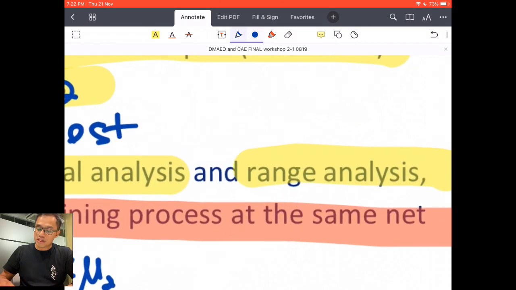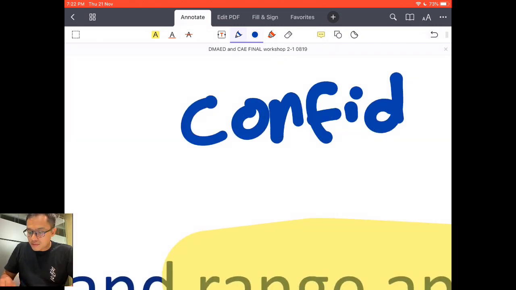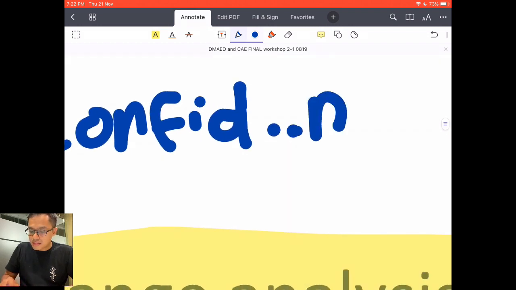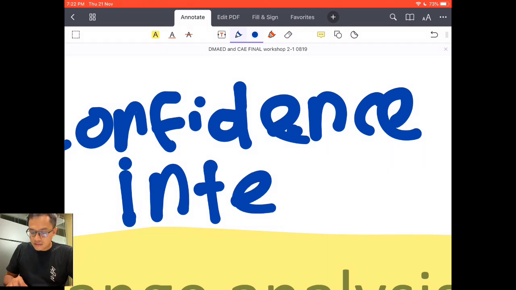The last one is range analysis. Range analysis is another name for confidence interval.